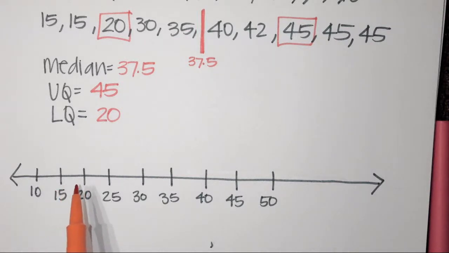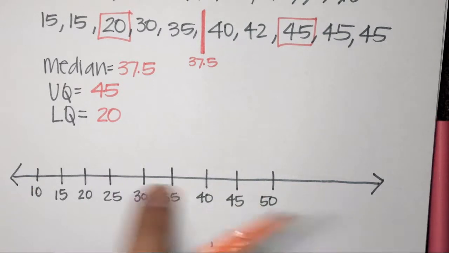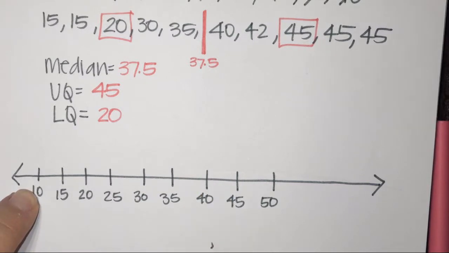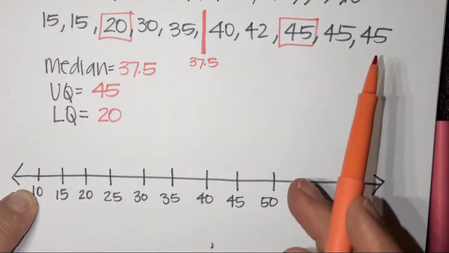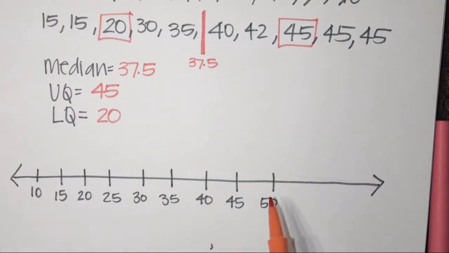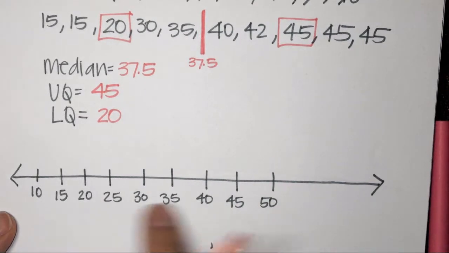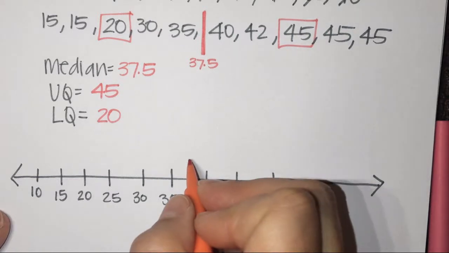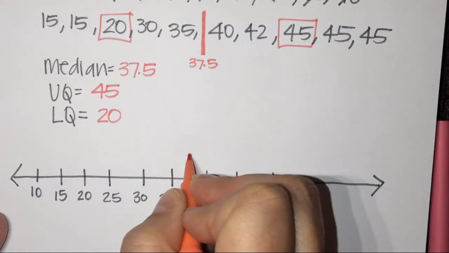What do you mean? There doesn't have to be 10 numbers on here. No, this is just my number line. And I'm going 1 number below my lowest value and 1 number above my highest value. Okay, so once I have this number line, I'm going to go through and I'm going to mark my median. I'm going to do it above my number line. So in between 35 and 40.